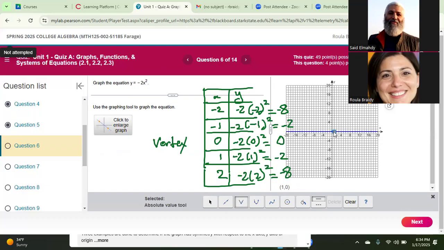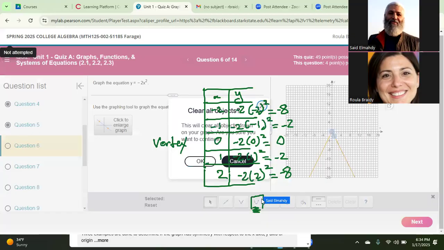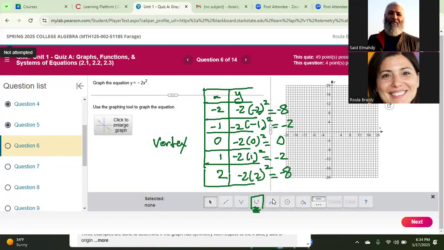Something is incorrect. You need to select this because it is a problem. Power 2 is a problem.